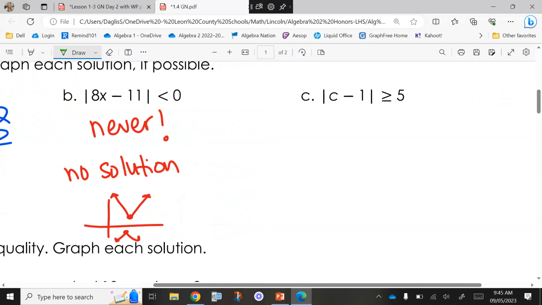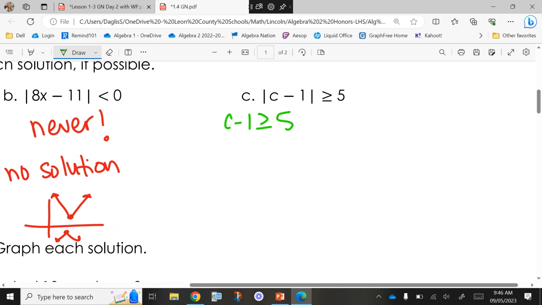Let's do green. All right. Absolute value of c minus 1 is greater than or equal to 5. Can we move forward? Yes, we're fine. Nothing weird with the 0 going on here. So what's the first equation we're going to set up? C minus 1 greater than or equal to 5. And what's the second equation going to look like?